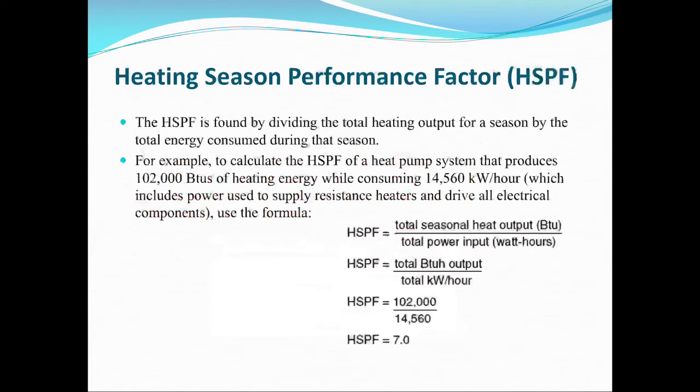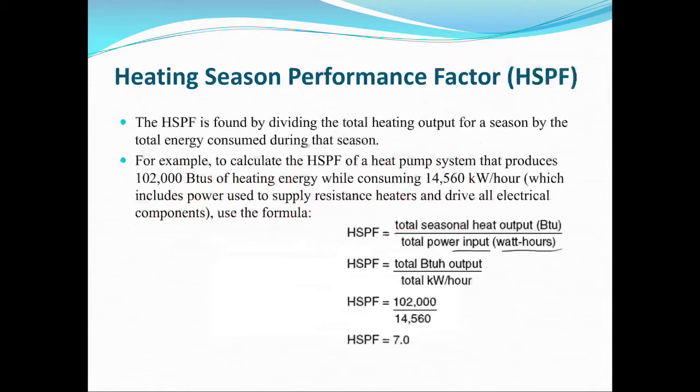So here's an example of some of the calcs. In this case, the HSPF, or heating seasonal performance factor, we're going to look at the total BTUs of a heating system for a season. What did you get for heating BTUs out of that season, and compare it to the total amount of power that you used to create that energy.